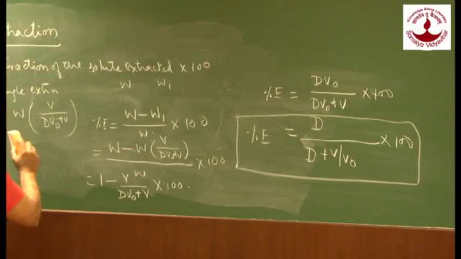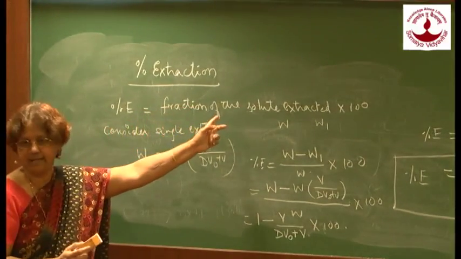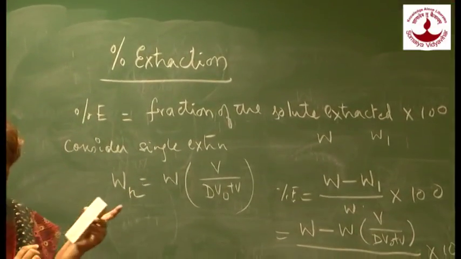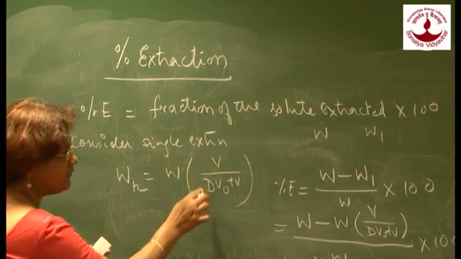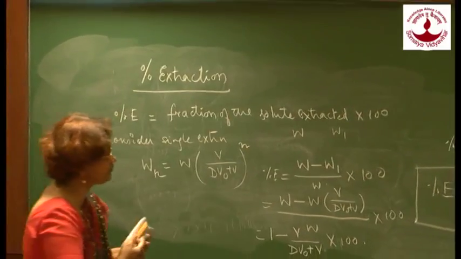Consider a multiple extraction, same formula, fraction of the solute extracted multiplied by 100. Here what are we going to use? Wn is equal to W V upon dVO plus V raised to N. Alright.